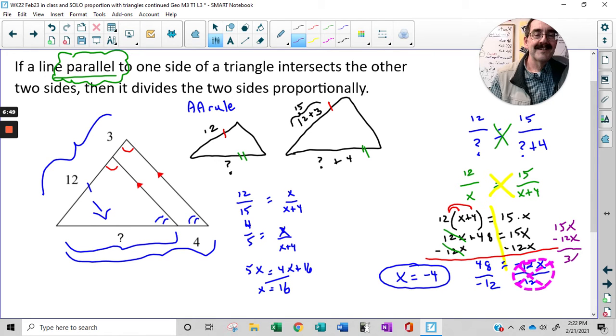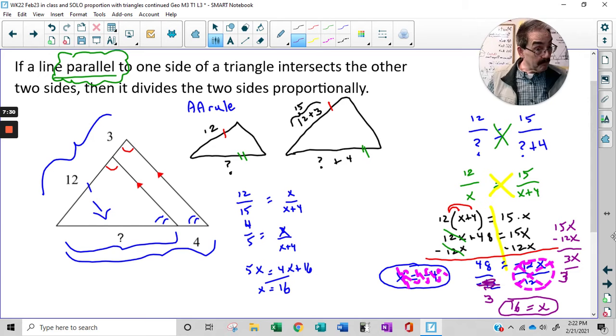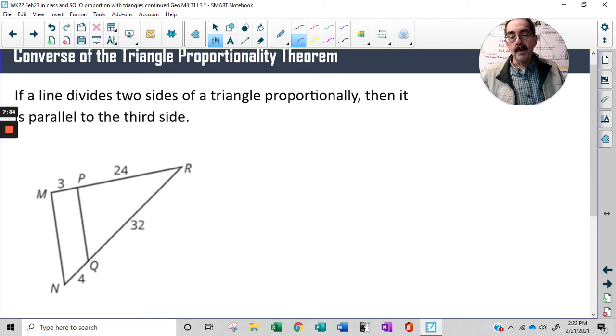Because the proportions are equal and angle R is congruent to angle R. Can you see how this angle belongs to both triangles?